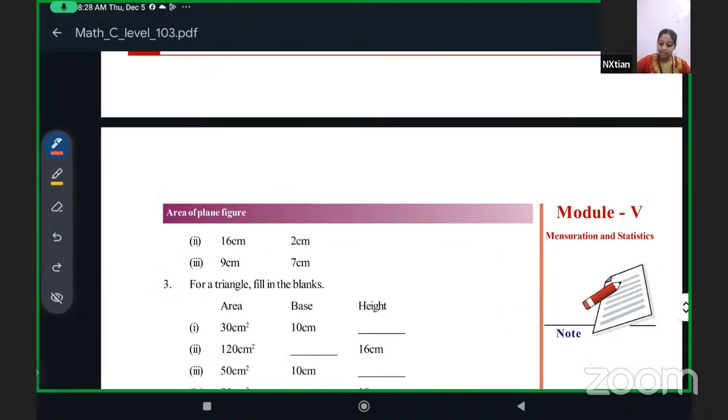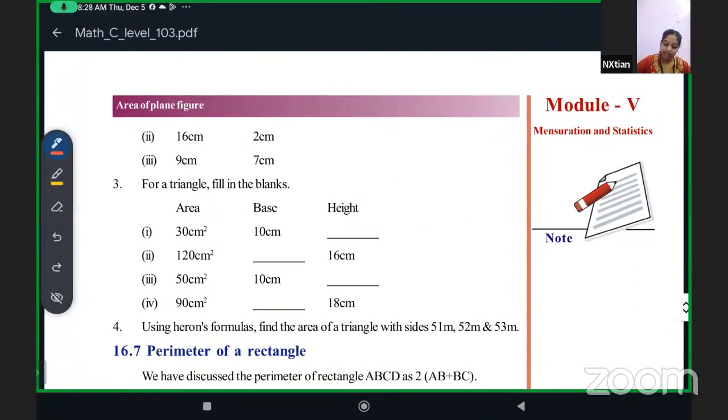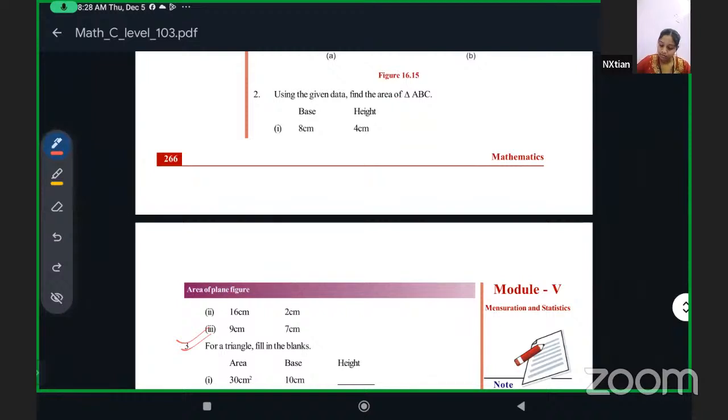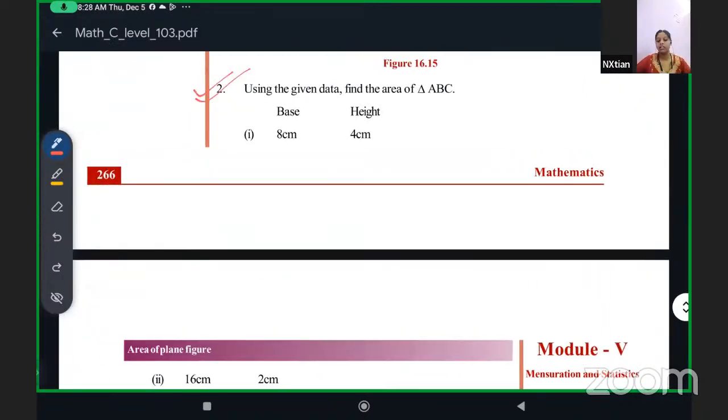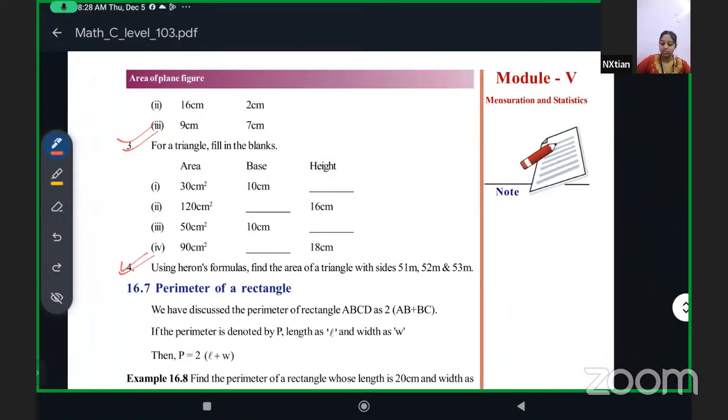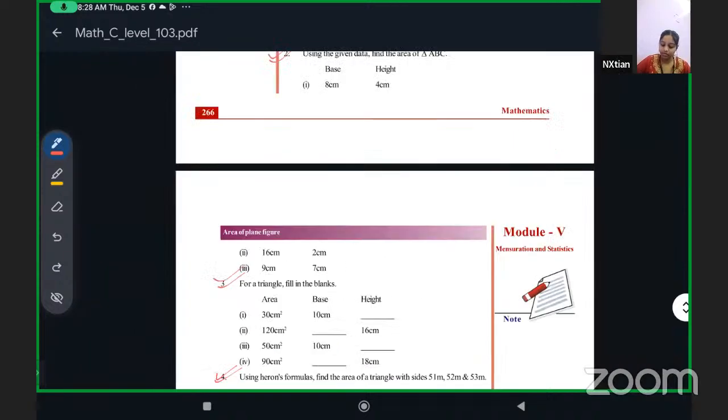Then try out the fill in the blanks, and the Heron's formula question. Find the area, base, and height you are given. You can try the second also. I've taught you all the base into height formula too, so we can try this out.